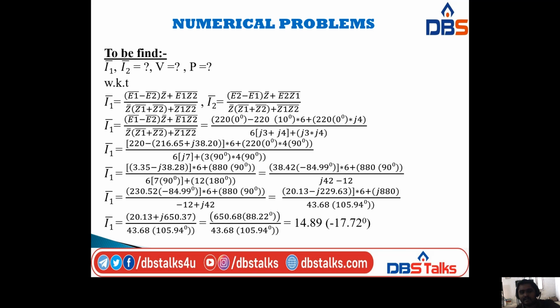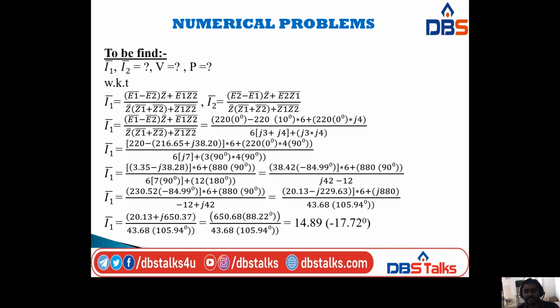After simplifying, we have 220 minus (216.65 plus j38.20) into 6. After simplifying this, we have (3.35 minus j38.20) whole into 6, plus 220 into 4, which means 880 at an angle of 90, divided by 6. j7 is in the rectangular form, so please convert j7 into polar form: 7 at an angle of 90 degrees, plus 3 into 4 means 12, so 12 at an angle of 180 degrees, that is 90 plus 90.